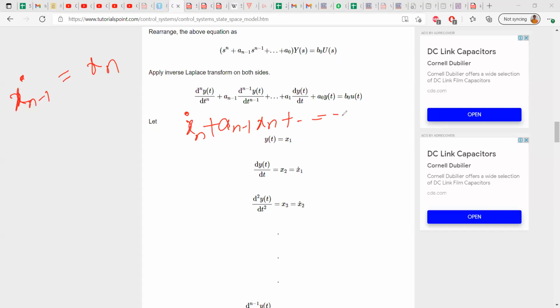Plus and so on. Next, a1 into what is dy by dt? x1 dot, which is nothing but x2.